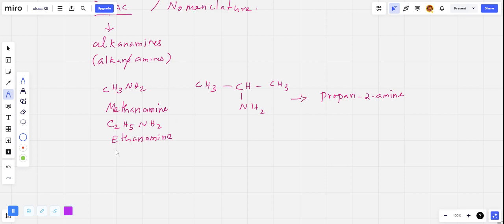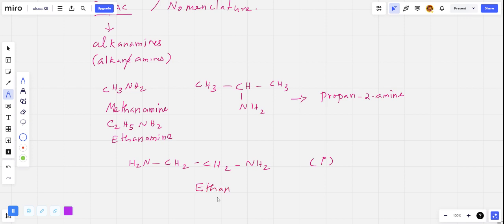For another example, H2N, CH2, CH2, NH2. This is a primary amine actually because NH2 is there, but here there are two amino groups. In that case we select the longest chain. Here the longest chain is ethane, so we put ethane.